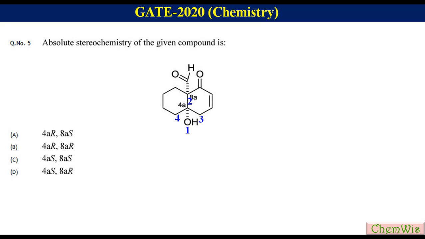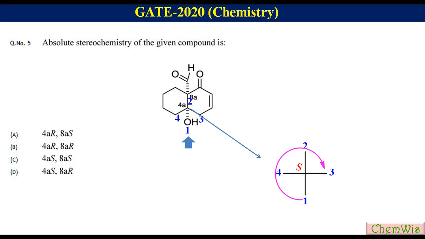To do so, make a cross and view this center like this. 4 is left, 3 is right, 1 is below and 2 is above. Draw an arrow from 1 to 2 to 3. Since 4 is on the horizontal line and the direction of the arrow is clockwise, the configuration is S.